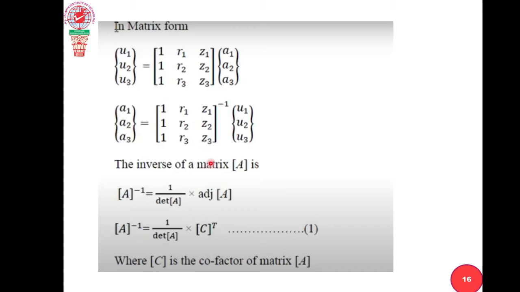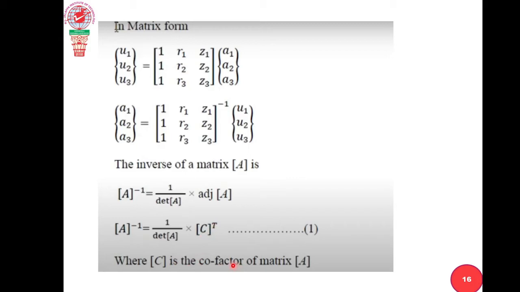See, this adjoint matrix we can call equivalent to C transpose. What is C transpose? It is nothing but the cofactor matrix, where T stands for transpose and C stands for cofactor matrix. I think you have heard about the cofactor matrix.